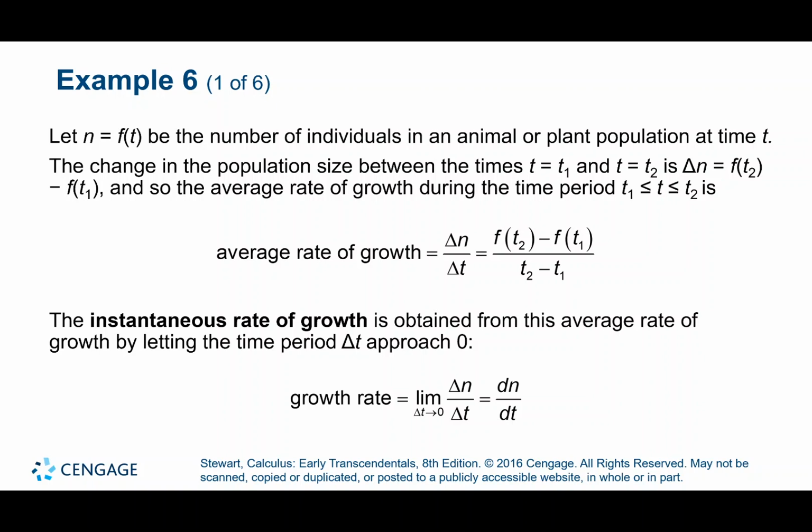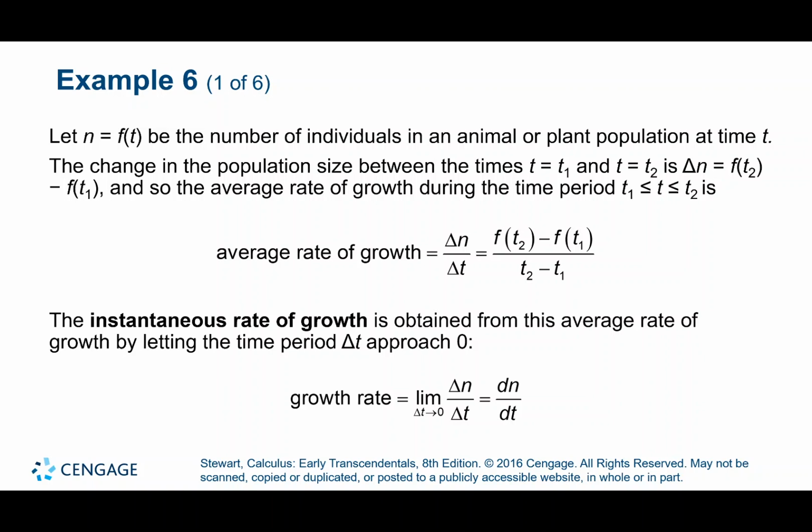Am I not thinking about using calculus in biology? When we're thinking about how a population of organisms grows or decreases, grows or dies out, we get a rate of growth there. And if we want to know how the population is changing in size at a specific time instant, we need the derivative.